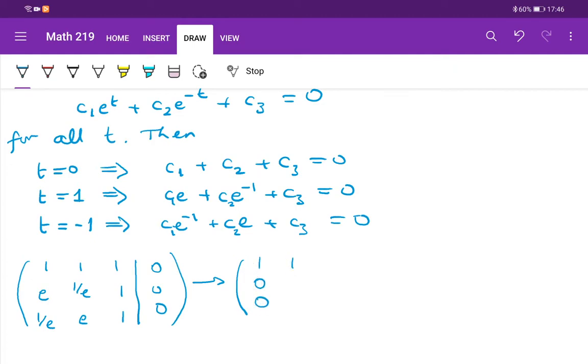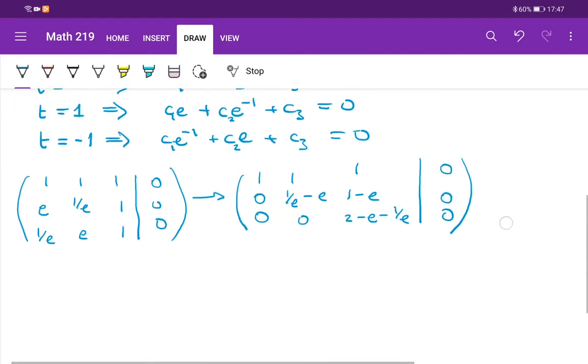And what happens to the other 2 rows? Here you get 1 over e minus e, and this is going to be 0 here, and then here is 1 minus e, and 2 minus e minus 1 over e. Okay, so it should be clear what the row operations are to get this.